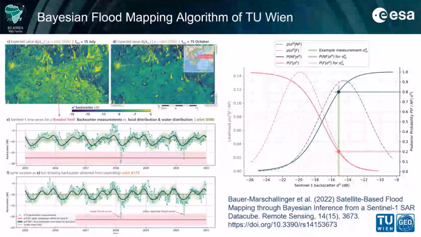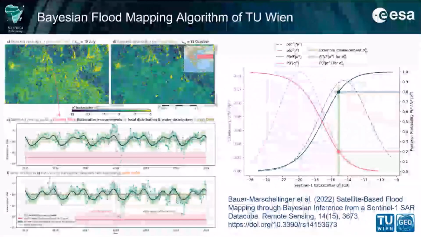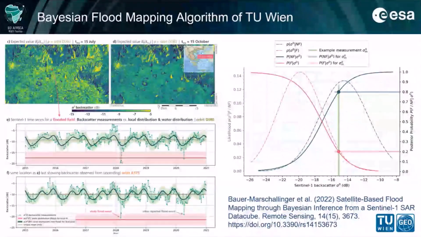And that pattern basically follows the seasonal pattern of vegetation and soil moisture conditions. Only when there's flooding, the backscatter values are pushed below a certain level to very low backscatter values, typically for surface water areas.